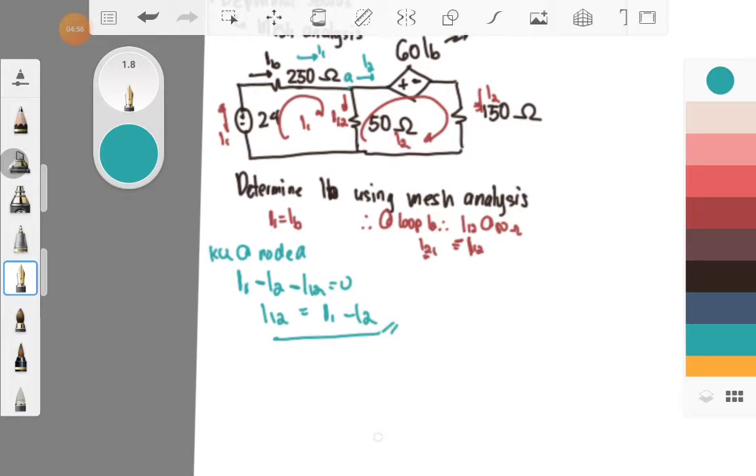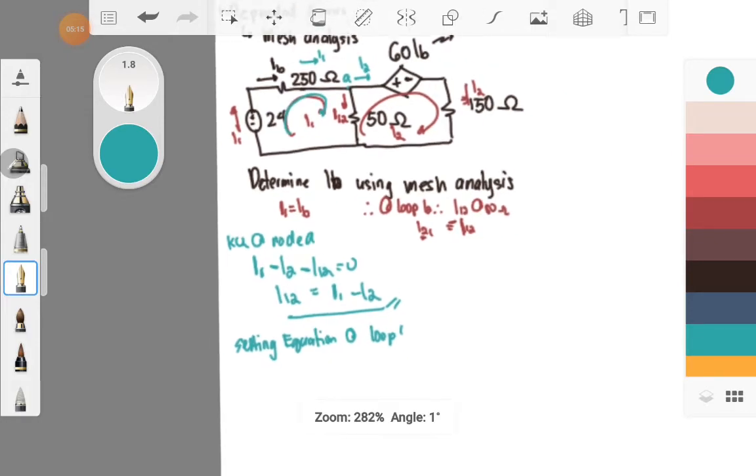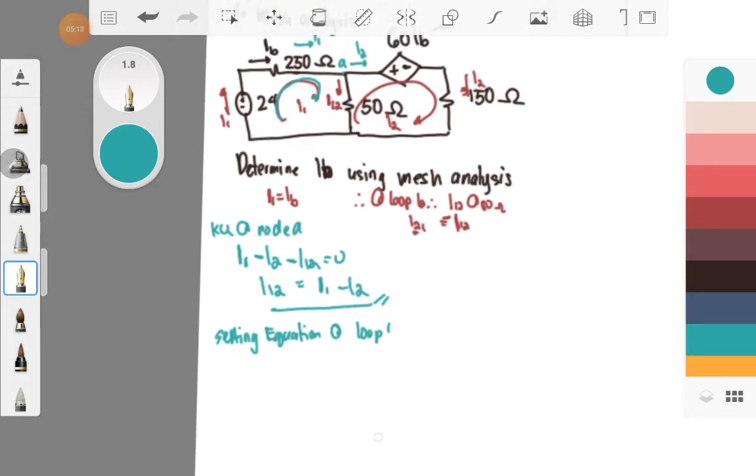So let's have a mesh analysis, or your KVL analysis. This is a continuous KVL. So we have our equations, setting the equation at loop 1. Okay, this will be our loop 1. What are the resistors that can be found in our loop 1? We have 250 multiplied by our I1.